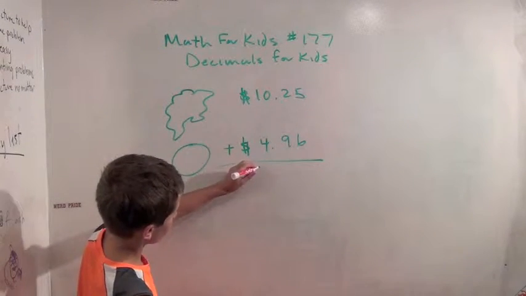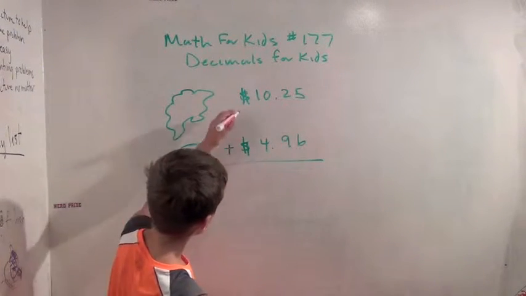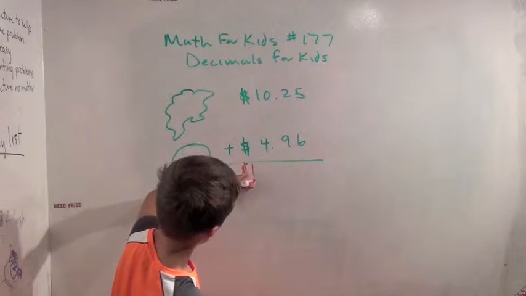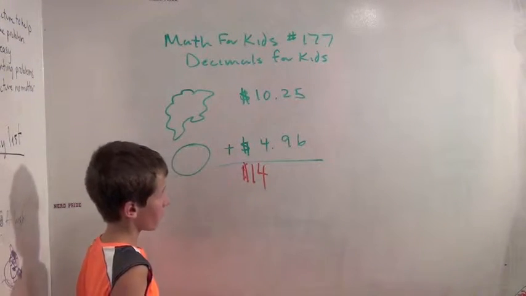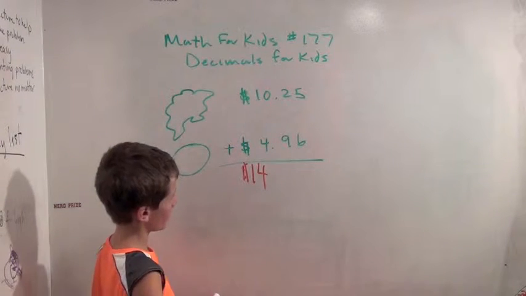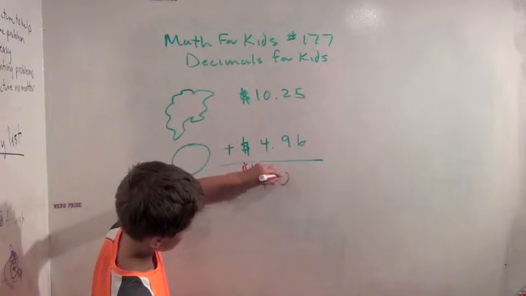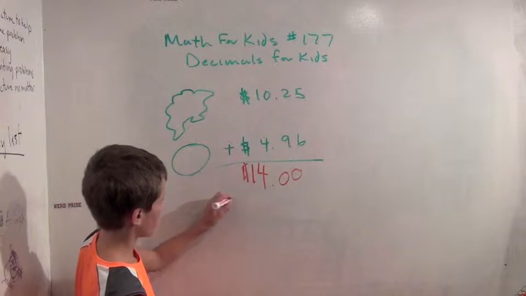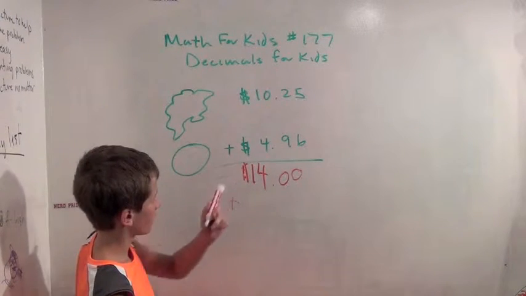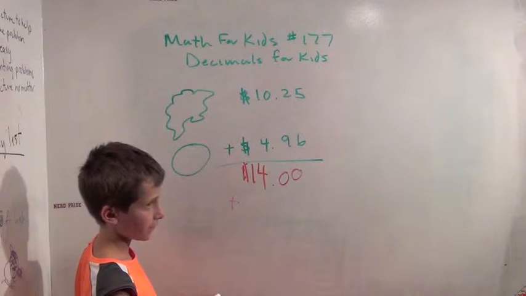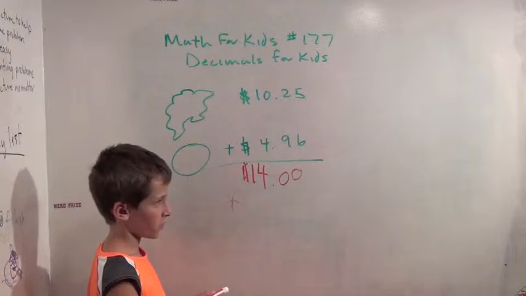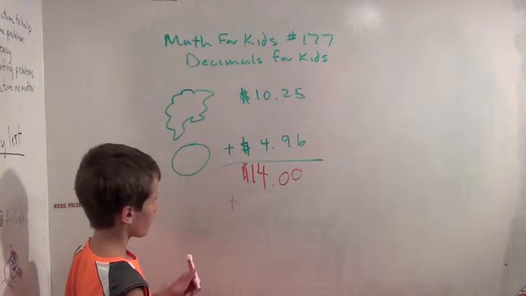Down for the money, $14. And then 0.25 plus 0.96 plus, 110 plus 11, which is 121. Okay, so how would you write that?